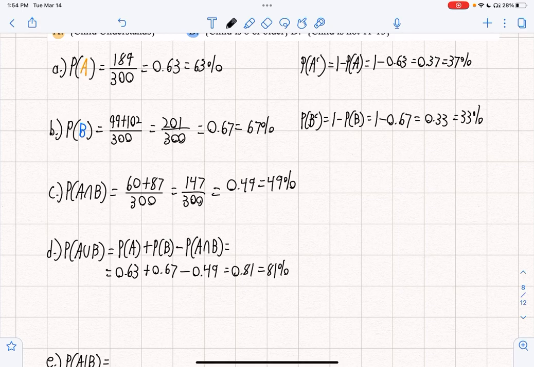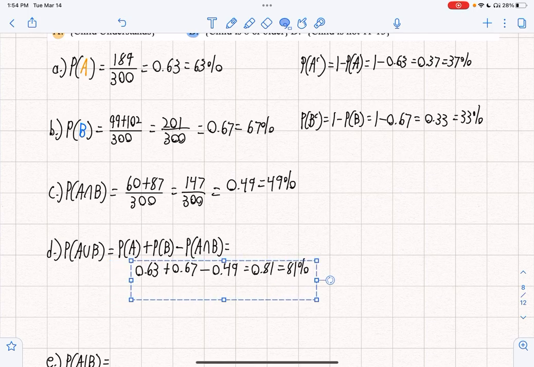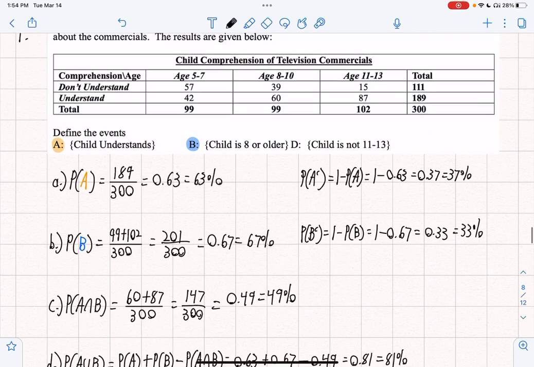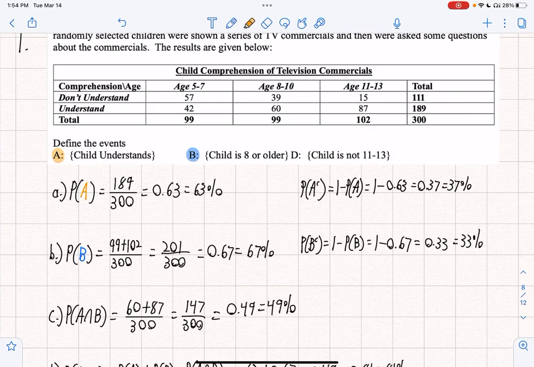Actually, I'm going to move these to the same row just to save me some space. Because alternatively, we could have just done this directly. If we wanted to say A or B, we would have understand, so 42, 60, and 87, plus B, which is the 39. I'm not going to double count the 60, and then the 15, and I'm also not going to double count the 87.